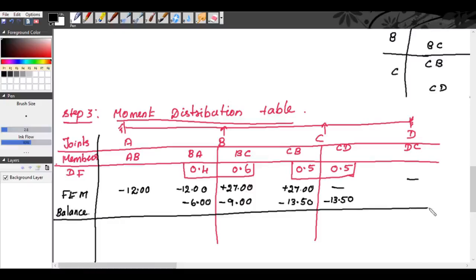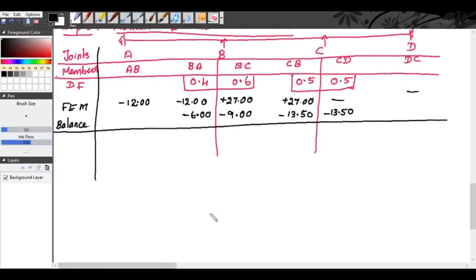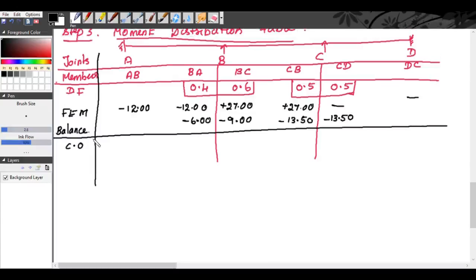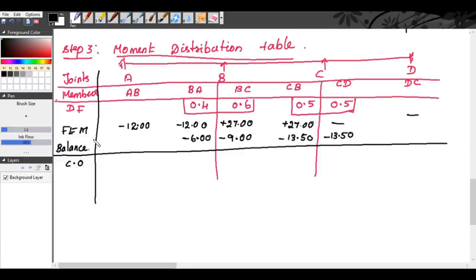Okay, now we will go for carryover moments. The balanced moments will be carried to the nearer supports. So the next step is carryover. Carryover, as I have told you earlier, is the sharing of moments between A and B for the span AB, between B and C for the span BC, between C and D for the span CD.